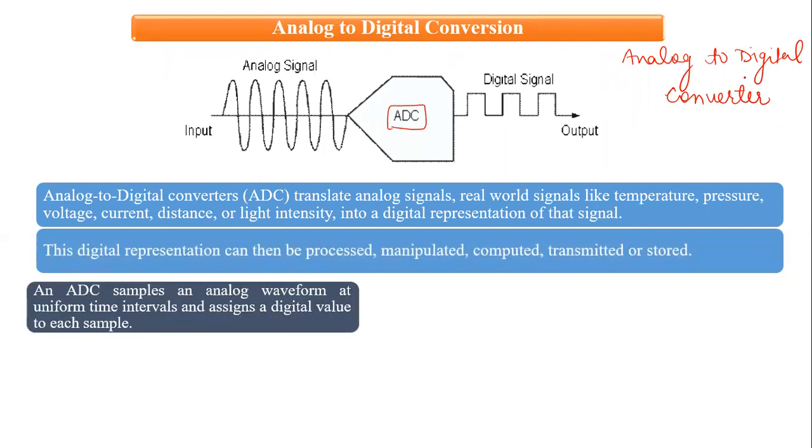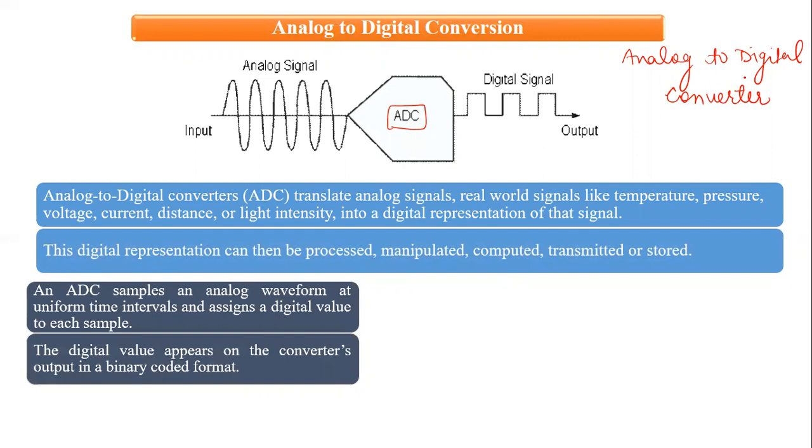Now, an A to D converter samples an analog waveform at uniform time intervals and assigns a digital value to each sample. So one objective of an A to D converter is to sample the analog signals, and the sampling done is uniform sampling.